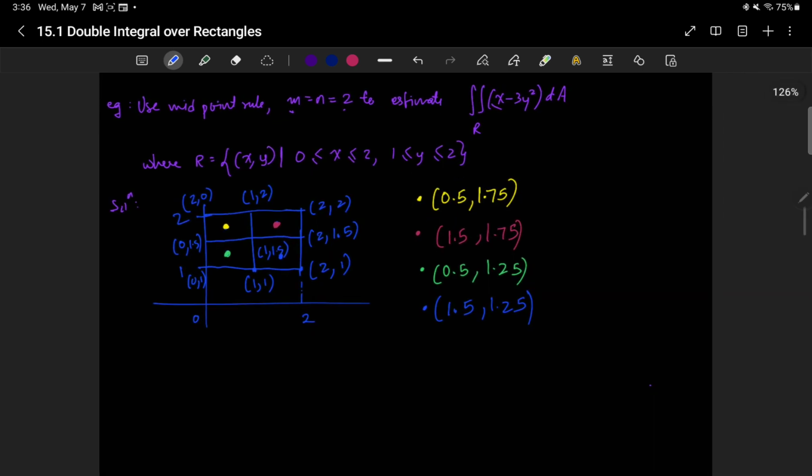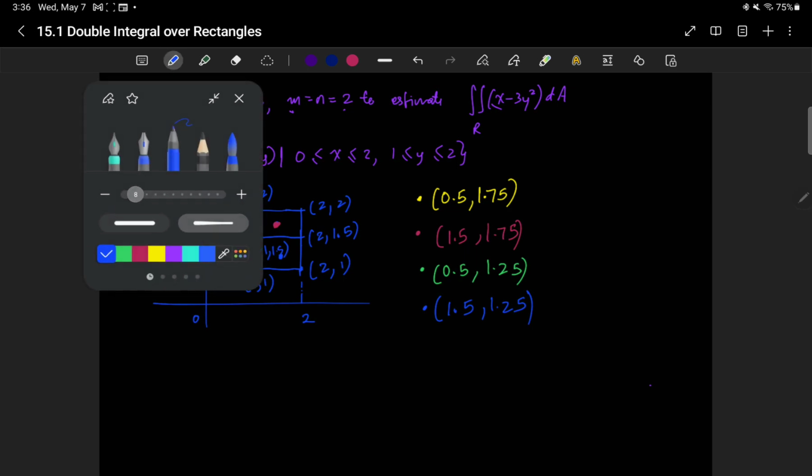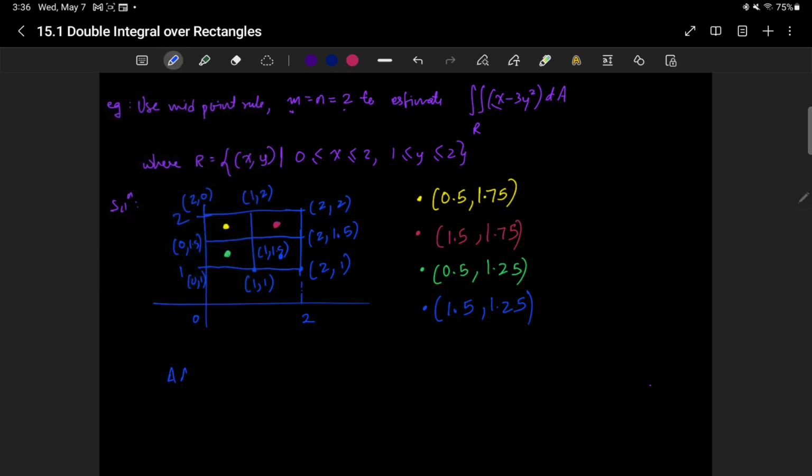And again, I'm not going to complete this, but the area of each square here is 1 by 0.5, so it's 0.5. And then for each of these, you can find 0.5 minus 3 times 1.75 squared, 1.5 minus 3 times 1.75 squared, 0.5 minus 3 times 1.25 squared, 1.5 minus 3 times 1.25 squared.